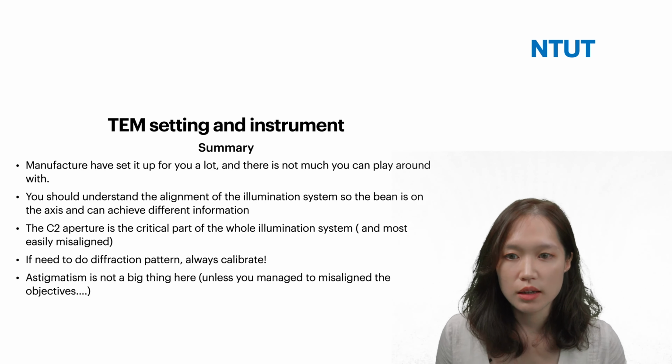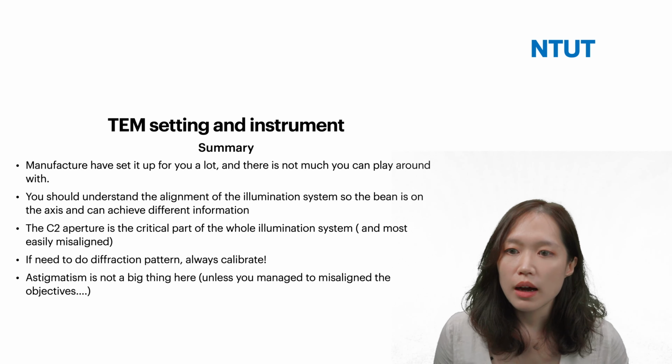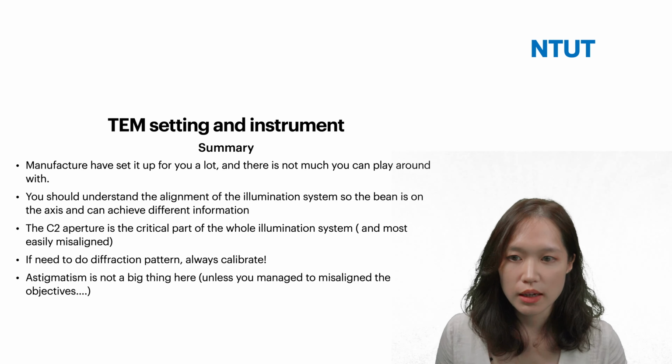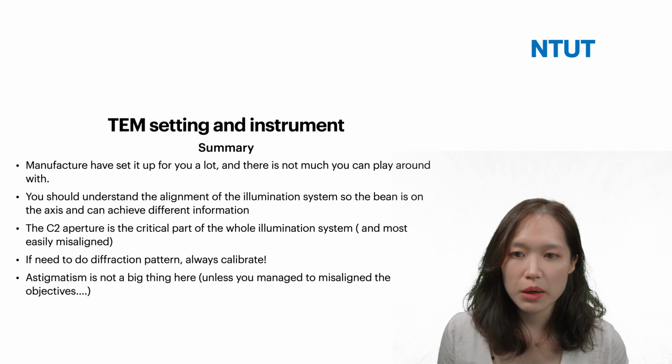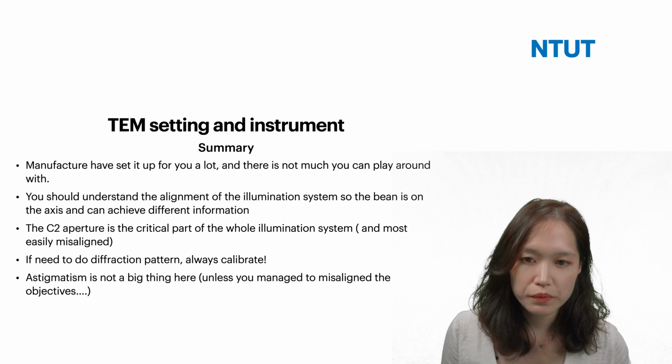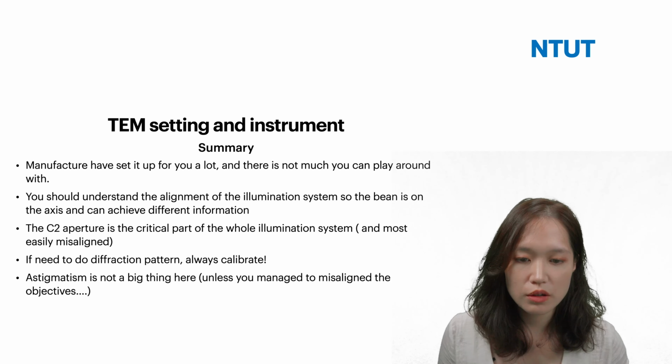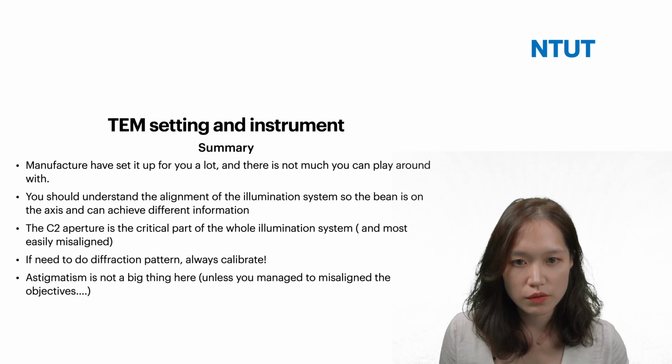It costs money and time. Now, astigmatism in TEM compared to SEM is not a big thing unless you manage to misalign the whole objective. So unless you have really messed it all up, it shouldn't be too much of an issue.